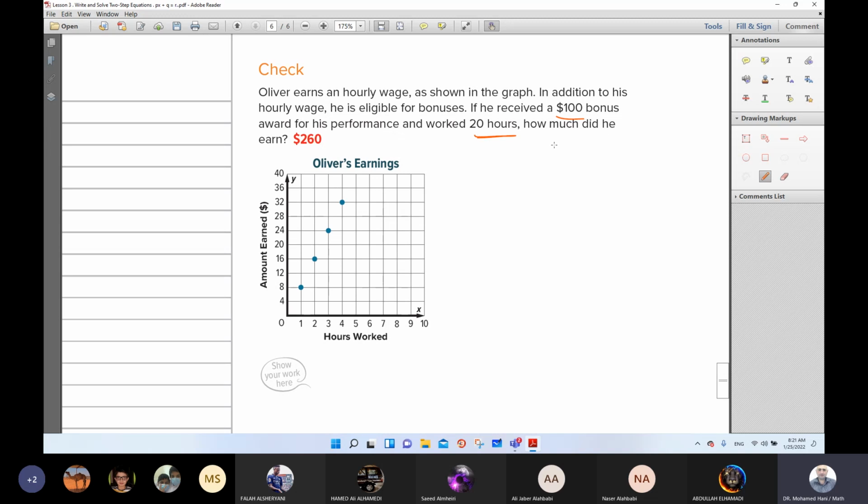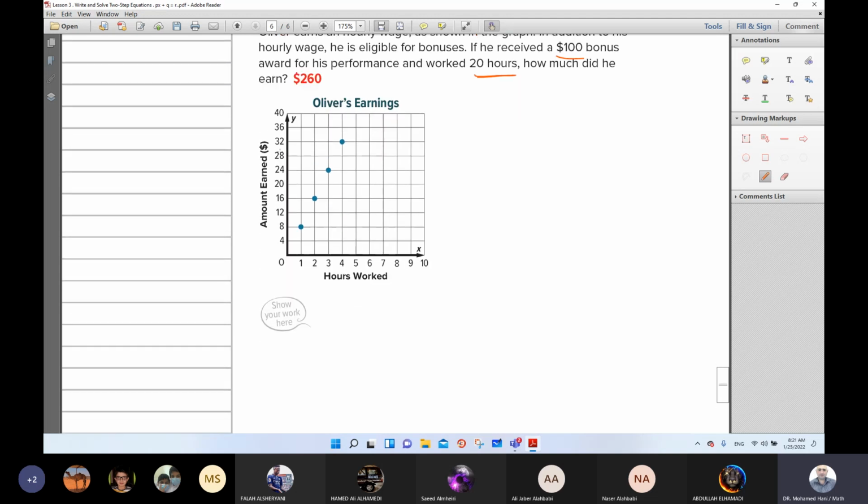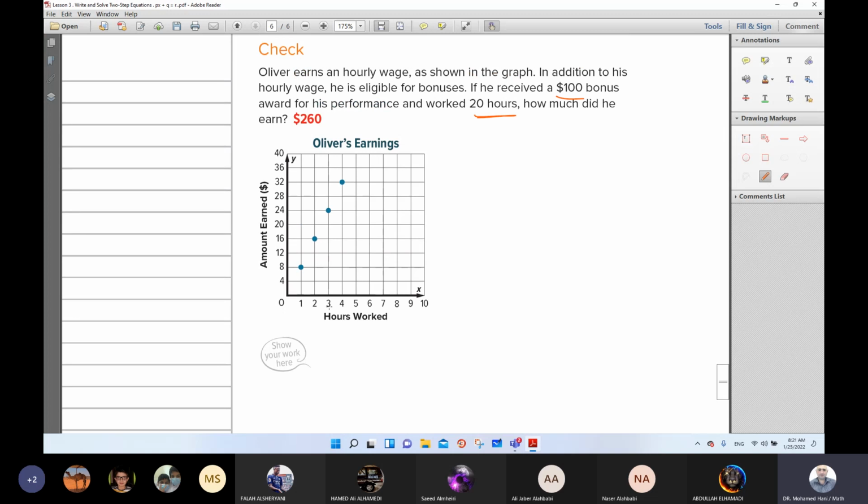How much did he earn? And as you see here, we have this graph. Here, the x-axis represents hours worked, and here, amount earned.